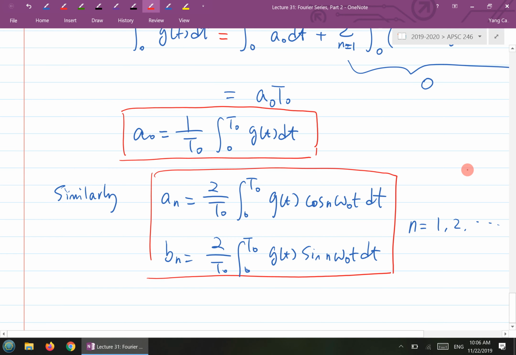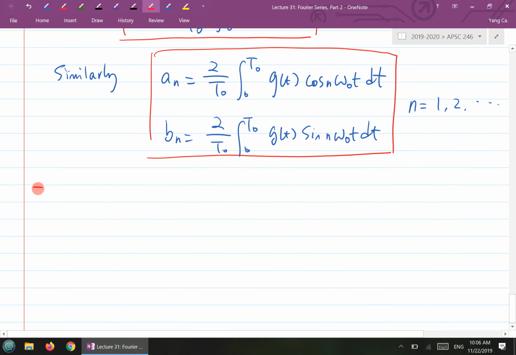My expectation, of course, is to understand what the Fourier series is. We'll have a different form, but most important is, if you're given a periodic function, how do you find a naught? How do you find an? How do you find bn? That's basically applying the three formulas here.